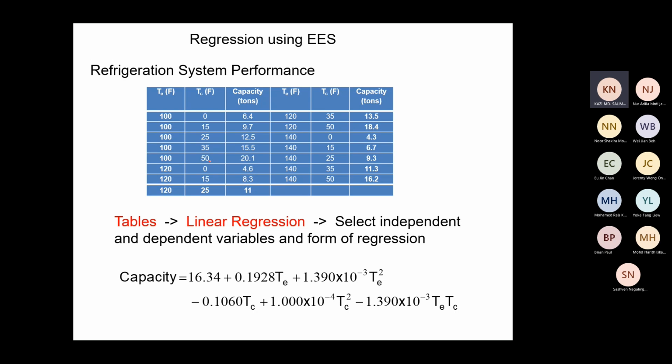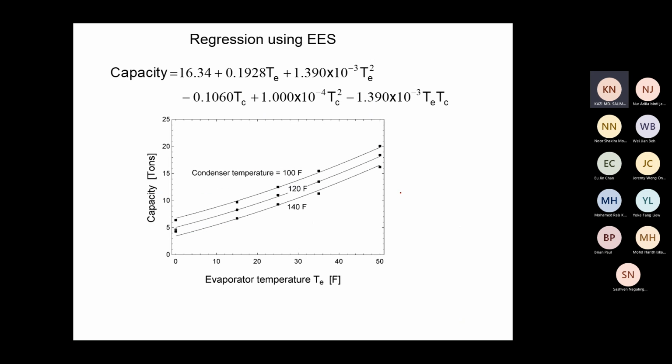So we can see the capacity here. These are the equations developed by people from the original data, and then they developed the equations which can be used to calculate the capacity. So we go on further, you see the Engineering Equation Solver, it's a software, and using the Engineering Equation Solver, the capacity can be calculated.